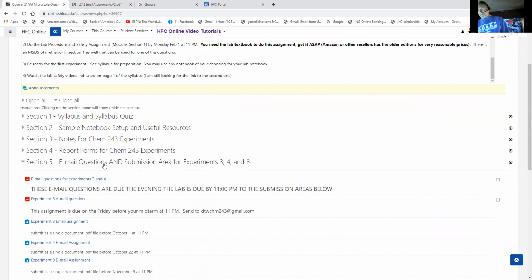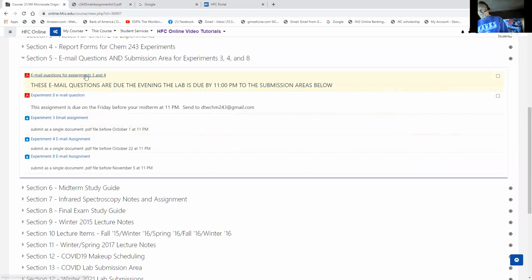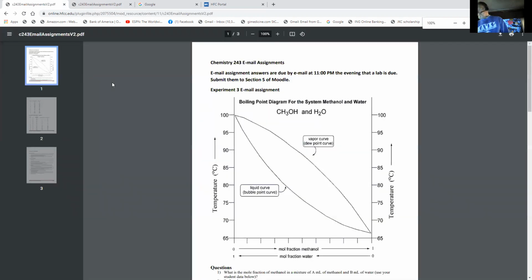At least I hope the new version doesn't say that anymore. Yeah, it says, but due by email still. Okay, I'm going to edit that. Oh, submit them to section 5 at Moodle. I'm just got to get rid of by email. I didn't do that. But that's it. And section 5 of Moodle's where you submit it, 11 p.m. due date of experiment 3. Check the due dates in the experiment 3 submission area, and then you know where to put it. And I hope this was helpful, and I'll see you in the lab.